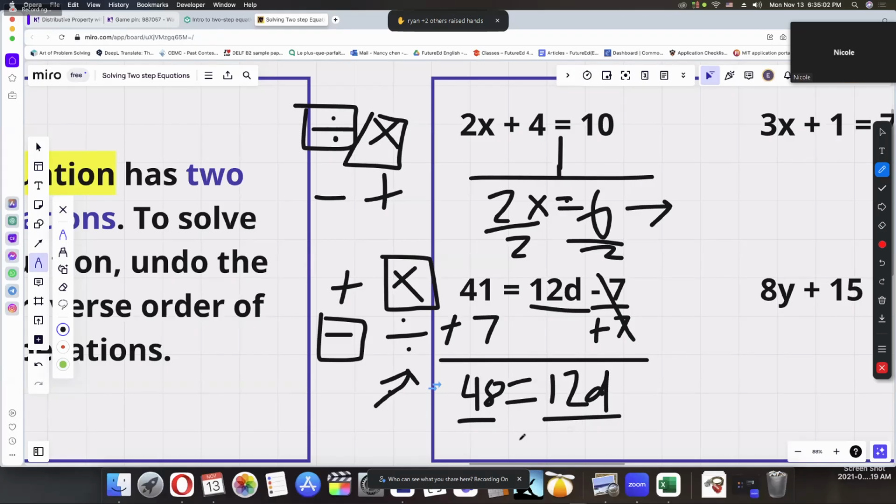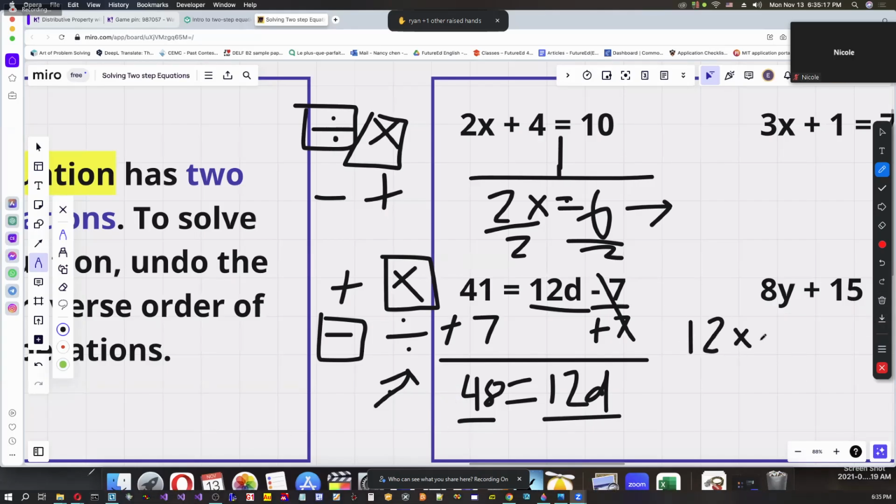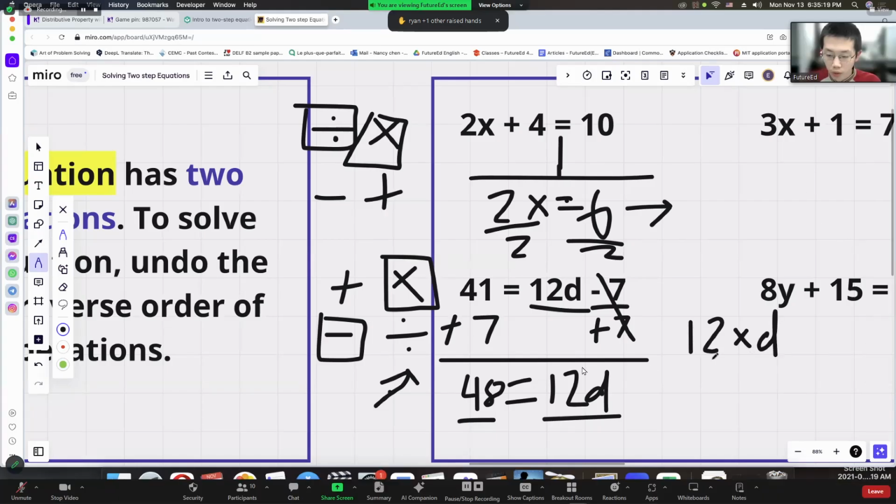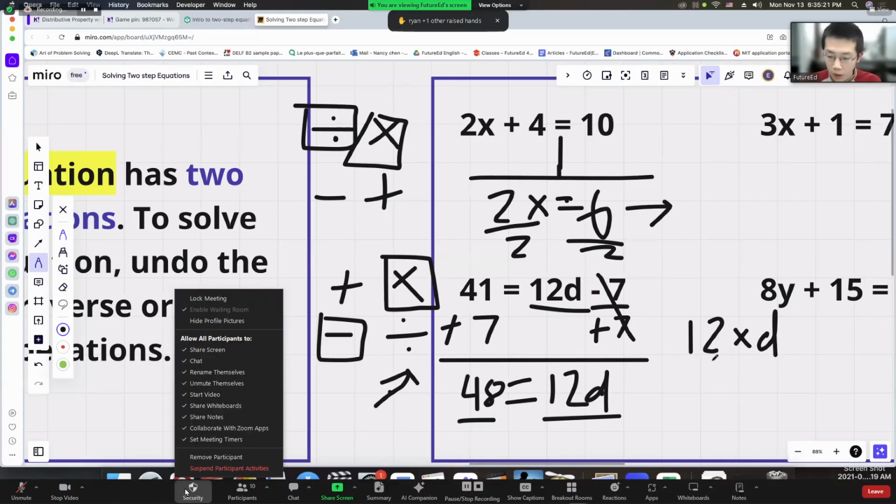It is divided by 12 because remember, 12d is the same thing as 12 times d, right? So if we want to get rid of the times 12, then you need to divide by 12.